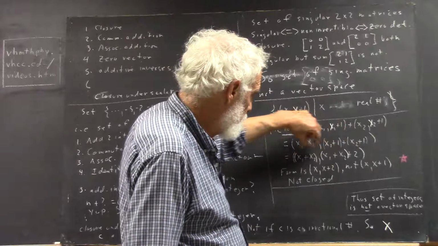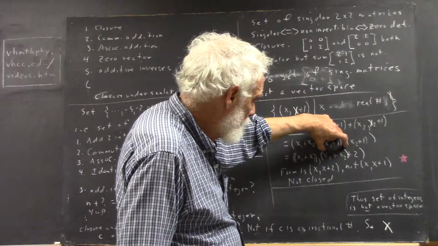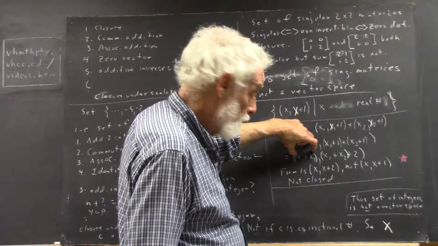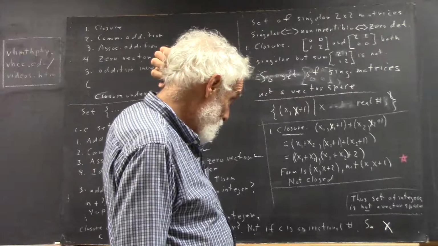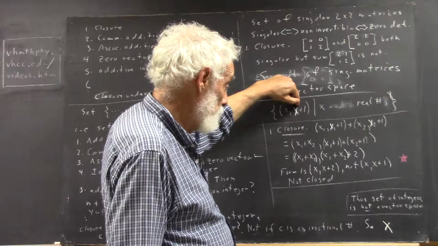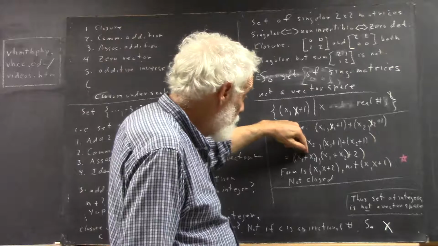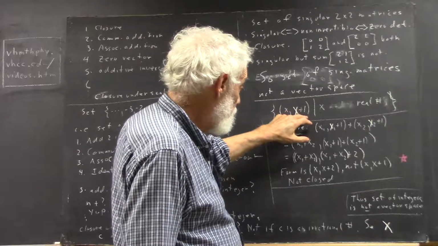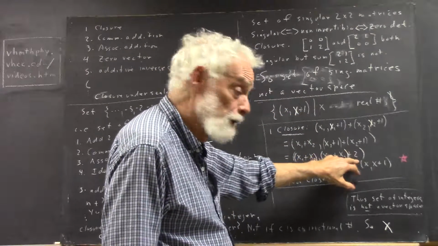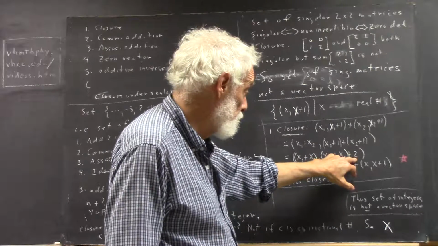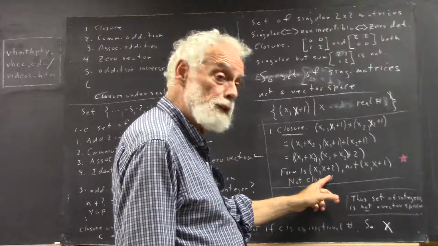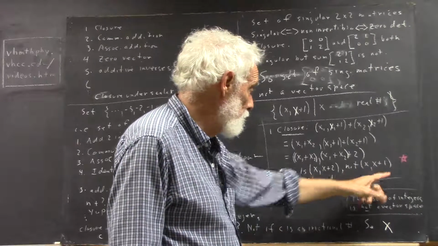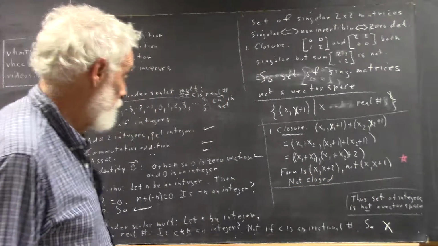The second component is the first component, but then we're adding 2. Well, that's not of the form x plus 1. If x is x1 plus x2, then x plus 1 is x1 plus x2 plus 1, not x1 plus x2 plus 2. The form of this number then is x plus 2, not x plus 1, so this set is not closed.